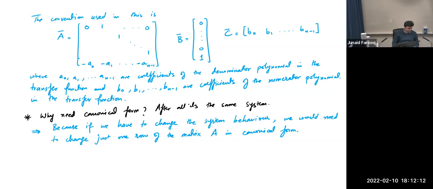If the system is expressed in the canonical form, it becomes easier because you only have to exert control over these coefficients a0, a1, and so on, right? So there has to be a way to do the modification, and we do it in a systematic way. You will see as we proceed in today's lecture what the idea behind controller design is, and particularly a feedback controller.